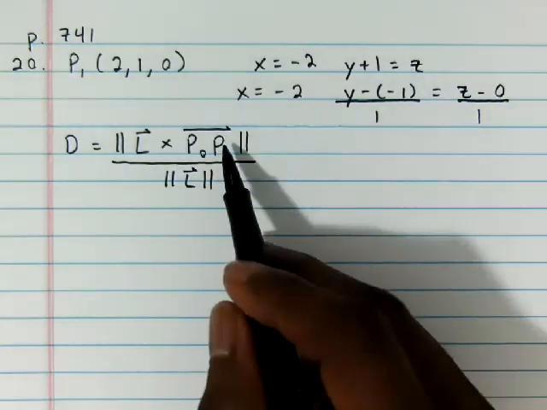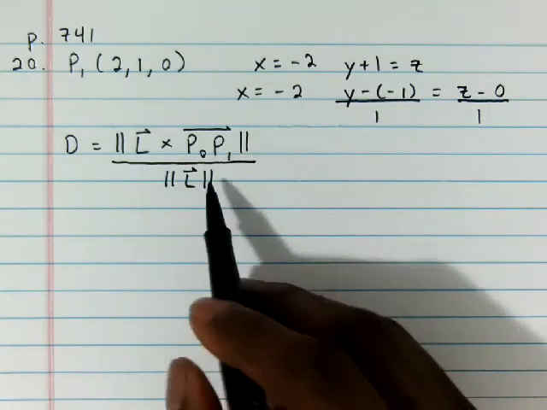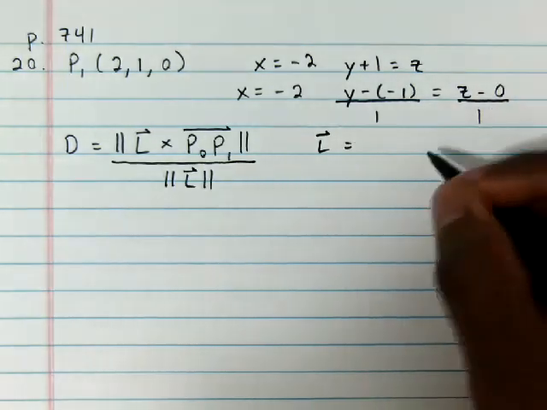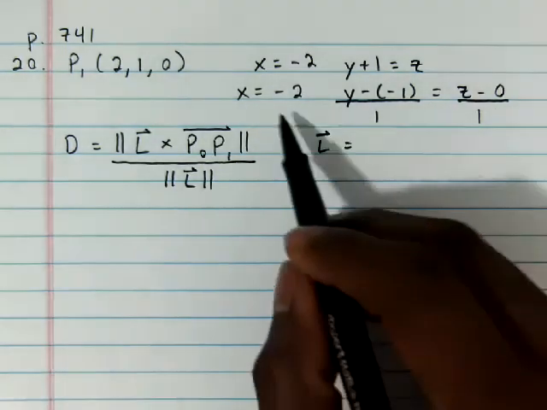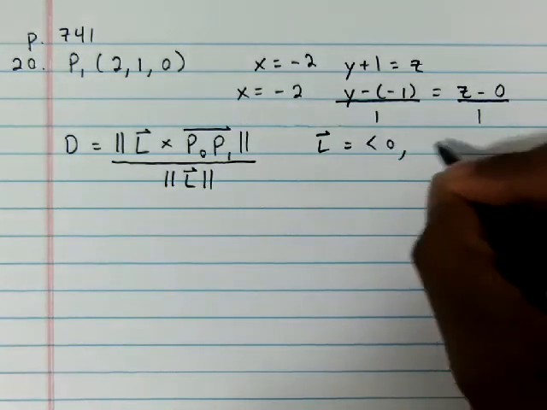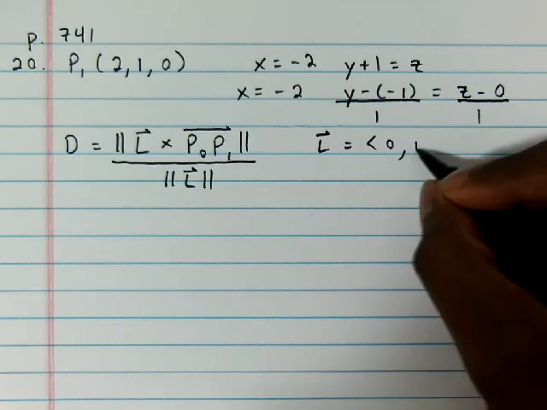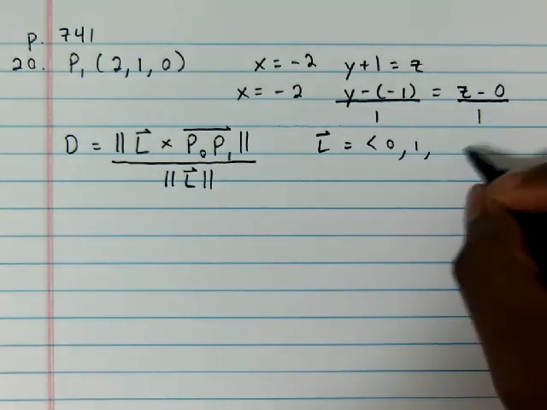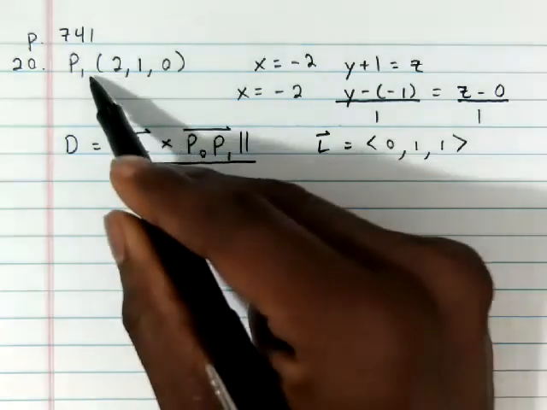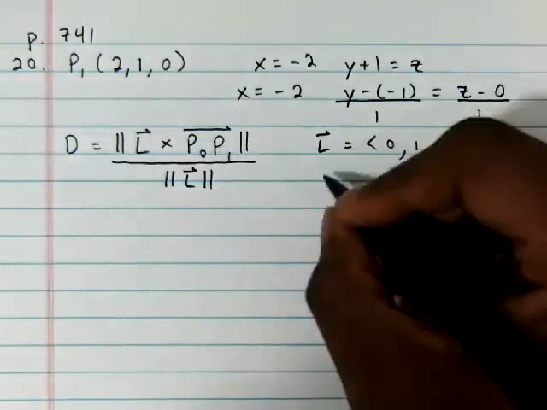We need to find this vector, find that cross product, and then find some magnitudes. So our L we can see is, remember, this tells us that A is 0. And then we can see that B is 1. And we can see that C is 1. So there's our L. We have our P1 already. Let's find what our P naught is.